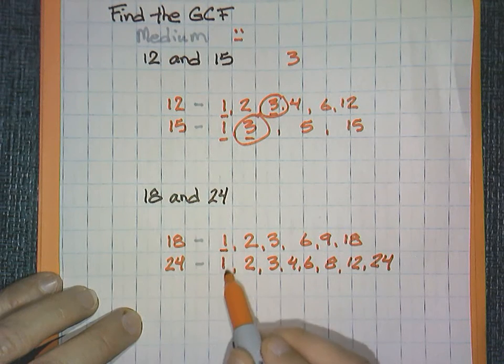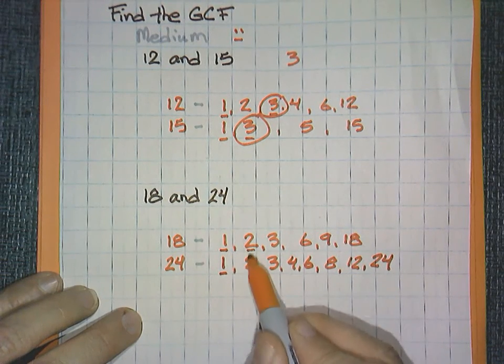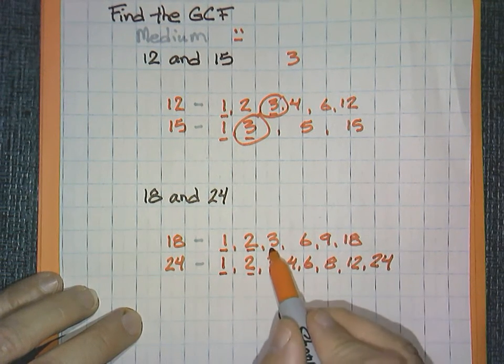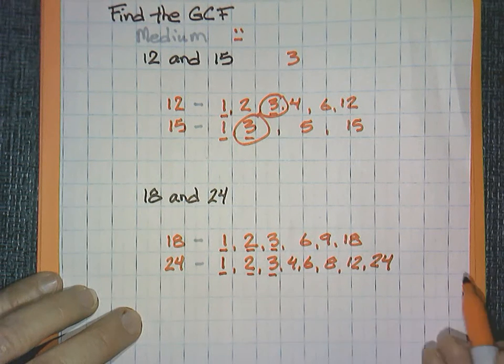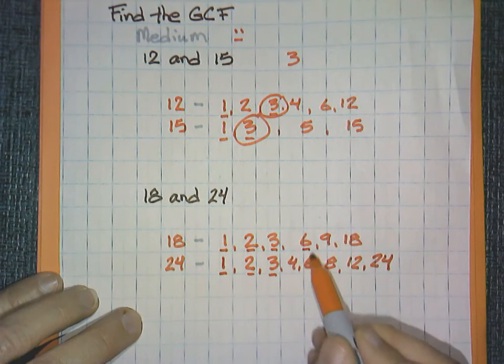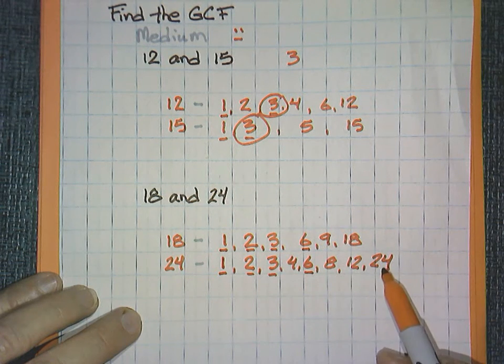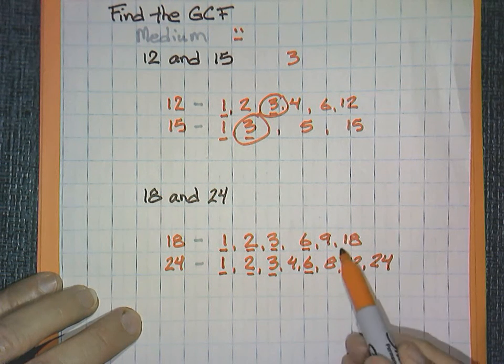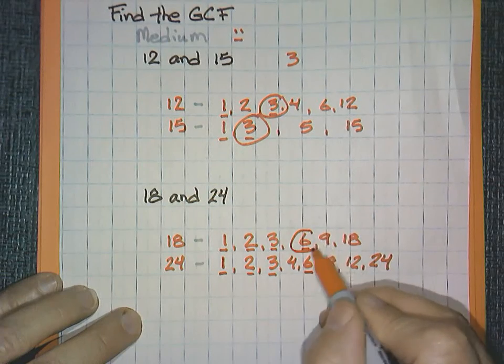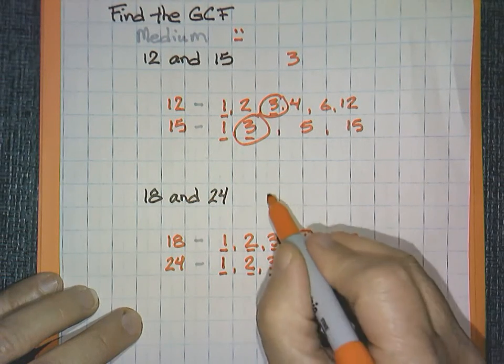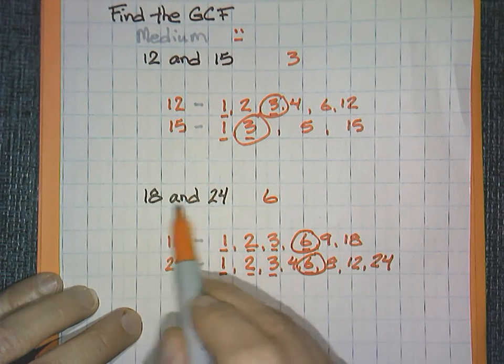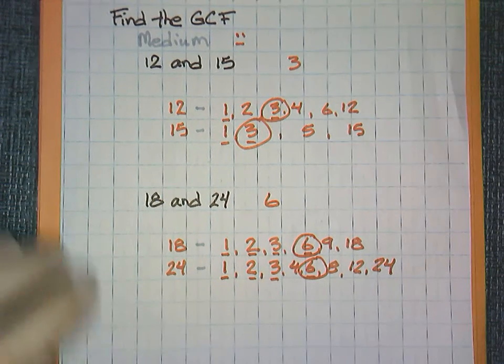I notice that we have some common factors, 1, 2, 3. I'm seeing also 6, but I don't see 9 or 18 here, and I don't see 4 or any of these up here. So our greatest common factor for 18 and 24 would be 6.